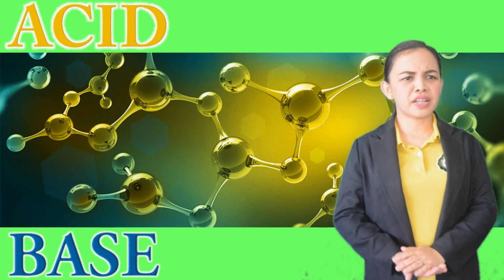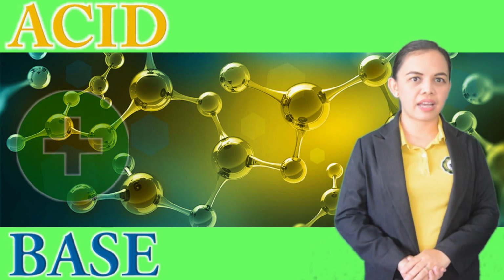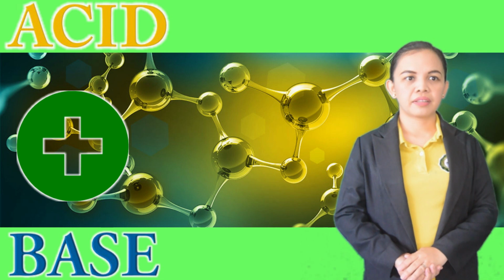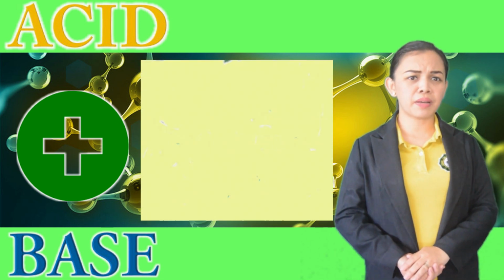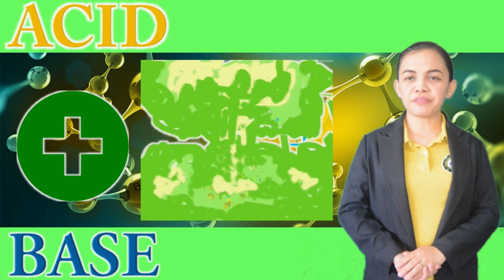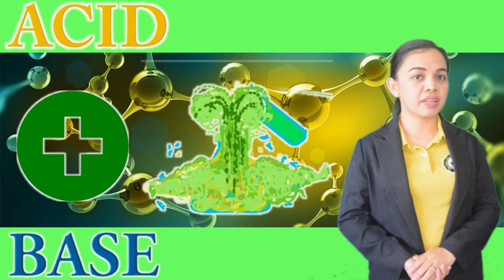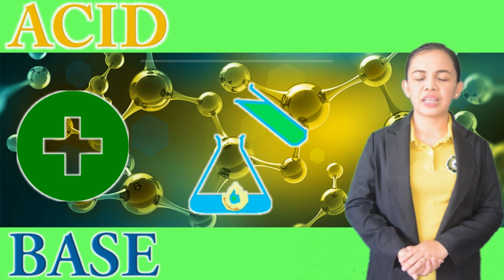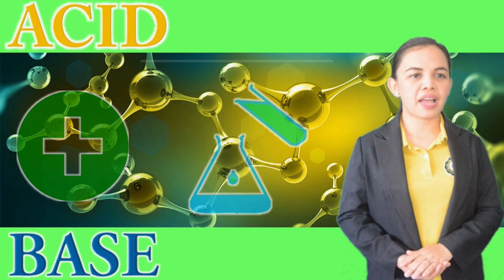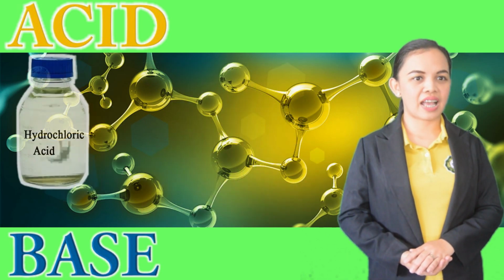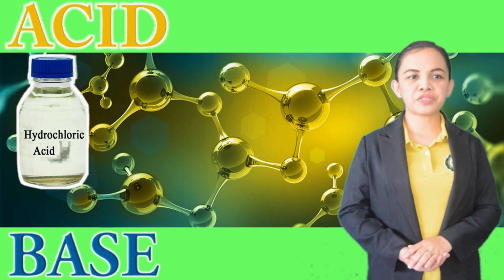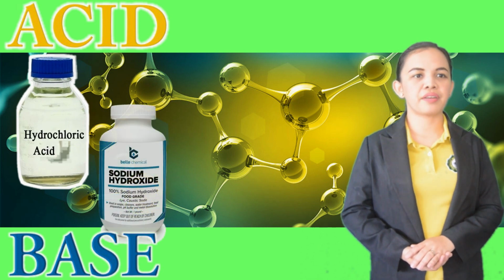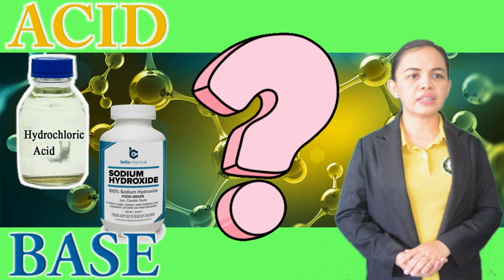Now, can you tell me what will happen if an acid is added to a base? Will the solution explode? Will it give an expected reaction or something else? Well, it is something we already know. Imagine, we mix a strong acid, hydrochloric acid, with a strong base, sodium hydroxide. What will be the result then?